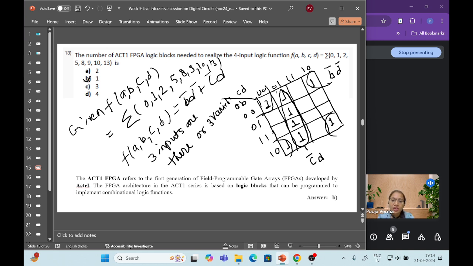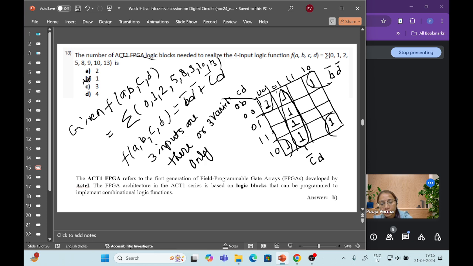For a 3 input problem, we can solve it with only one Act 1 FPGA logic block, that is the lookup table, which implements any logic function. So here 3 inputs are there, so only one Act 1 FPGA logic block, or lookup table, is required to implement this function.